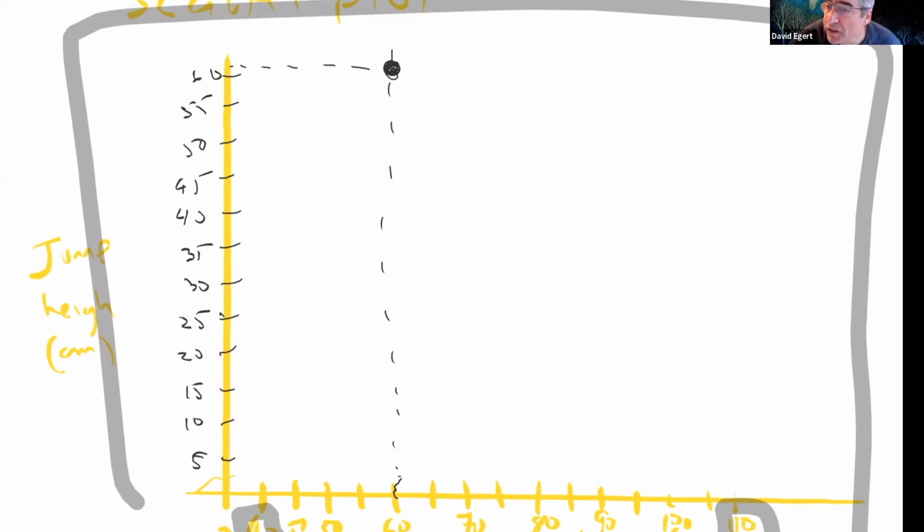The next person, their weight is 104 and their jump is 27. There's them. The next person, their weight is 63 and their jump is 40. There you go. I keep going down. Weight is 52 and the jump is 28.